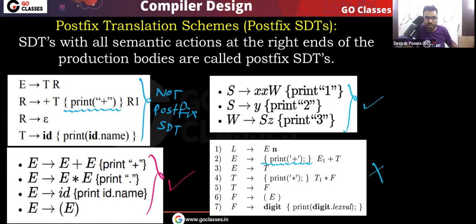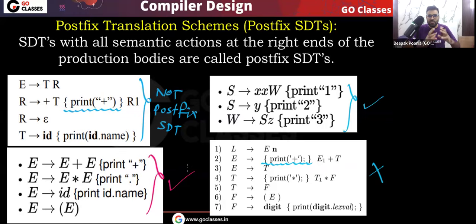Now let's see how to evaluate postfix SDT. I told you that postfix SDT is the most commonly used type of SDT. So we have a special evaluation method to evaluate postfix SDT. You can use the general method, but there is a special method only for postfix SDT.